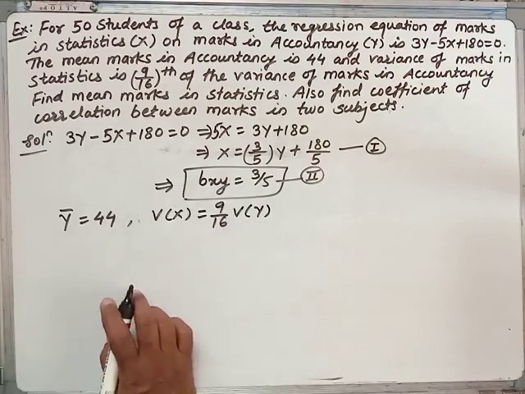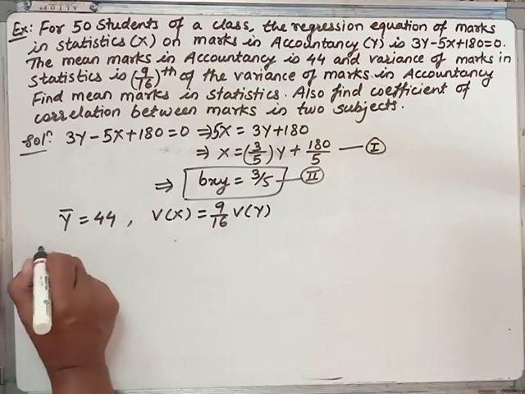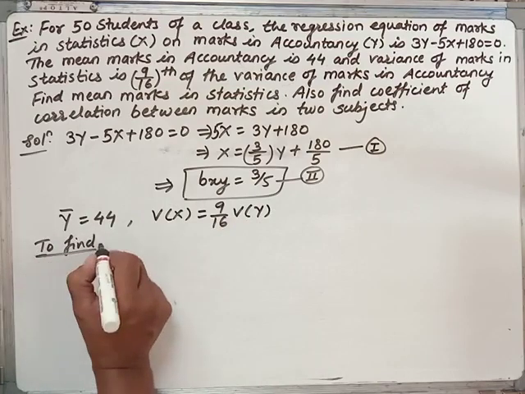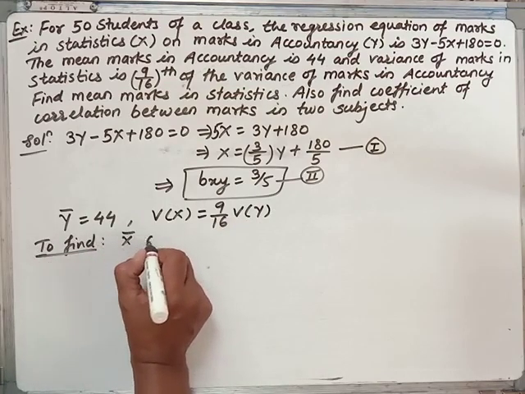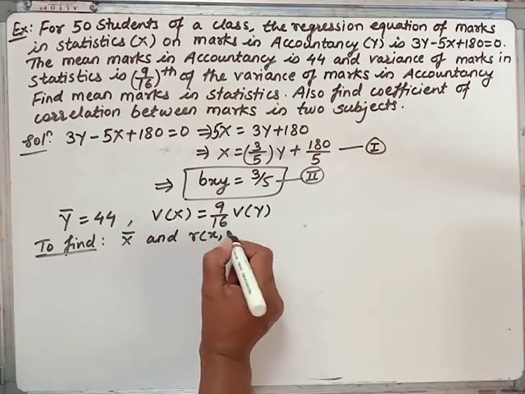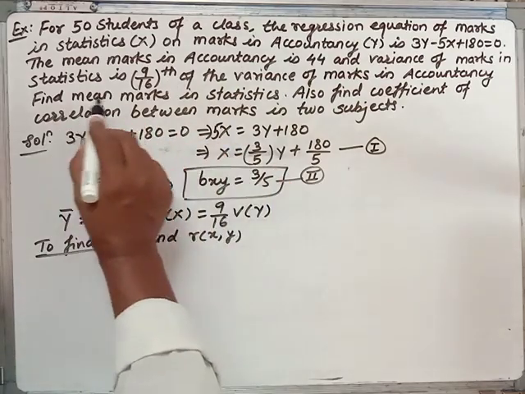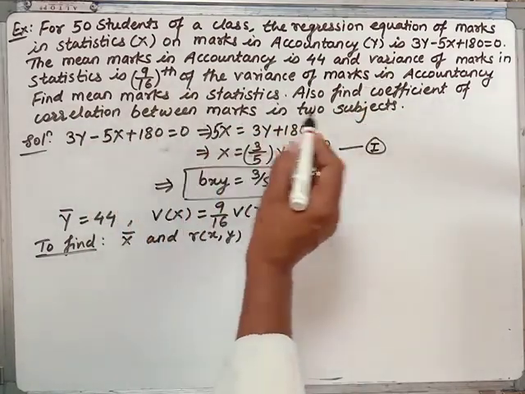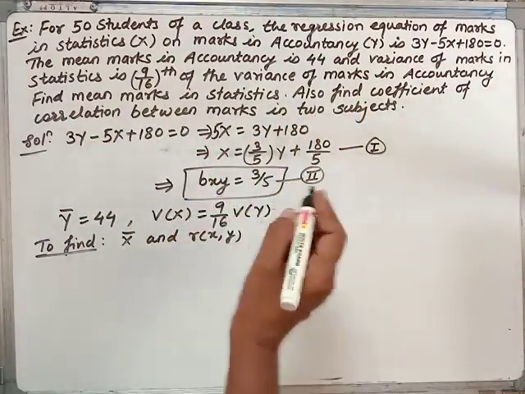This is given to us. Now what we have to find? To find x bar and the correlation coefficient. Find mean marks in statistics. Also find the coefficient of correlation between marks in the two subjects.